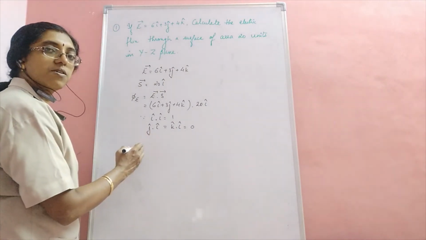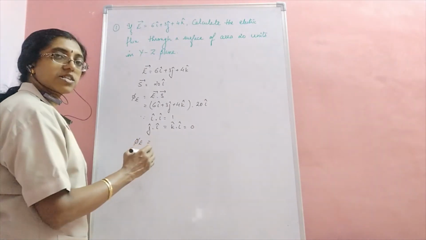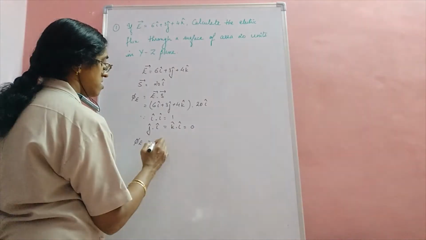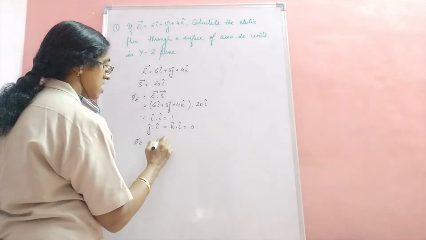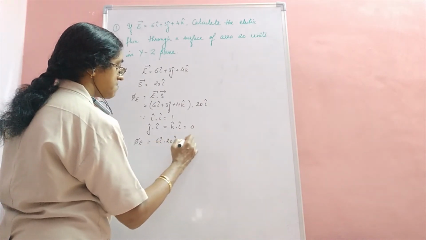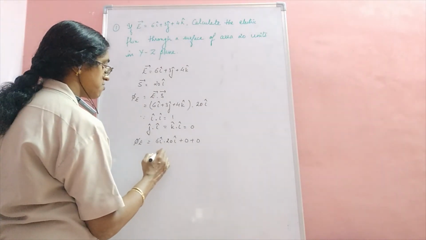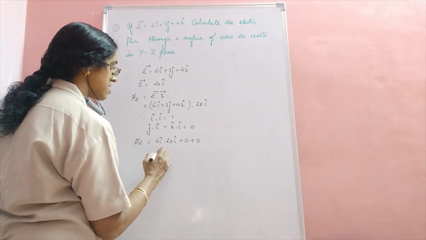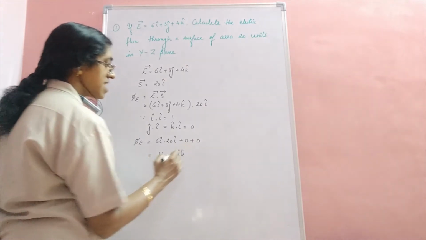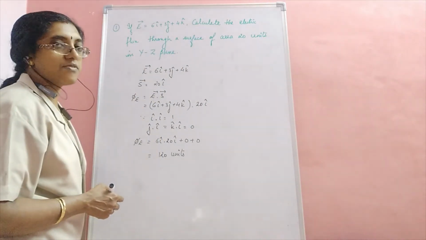Therefore, I can write flux phi E is equal to 6i cap dot 20i cap plus 0, which would be equal to 20 into 6, that is 120 units. I am writing units because no specific units are given in the question.